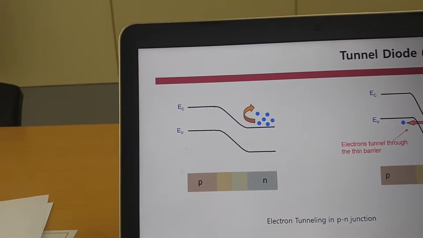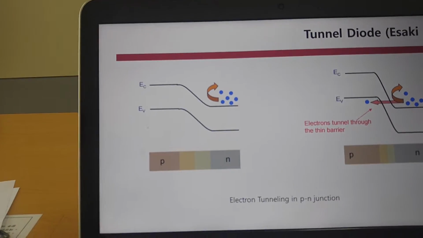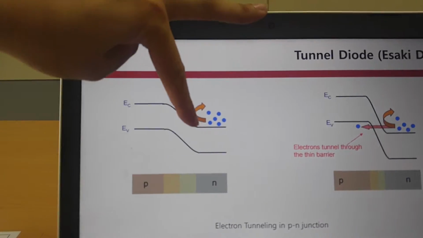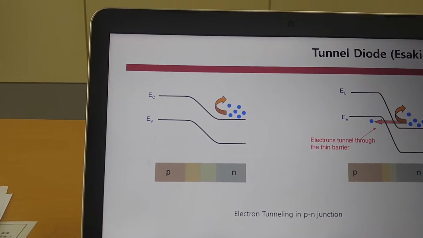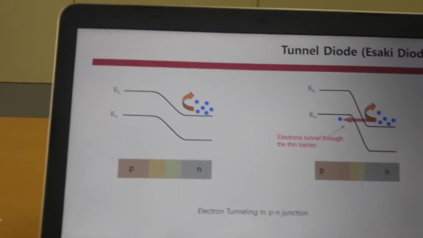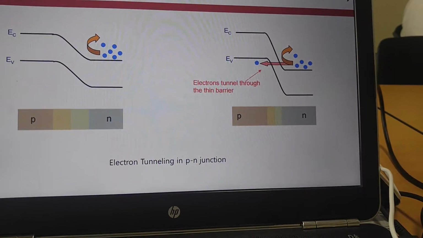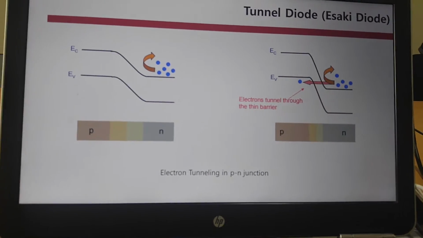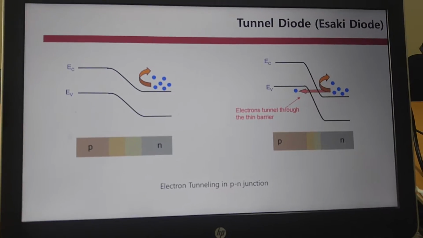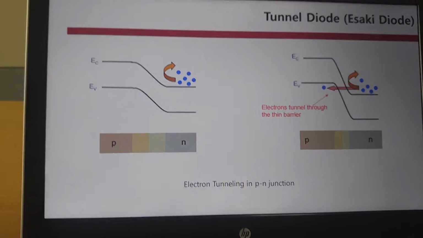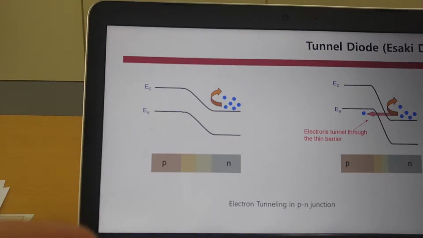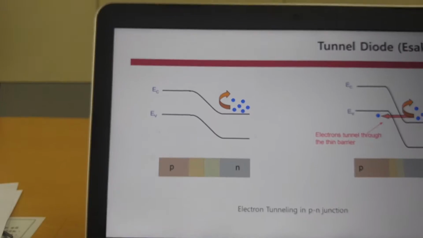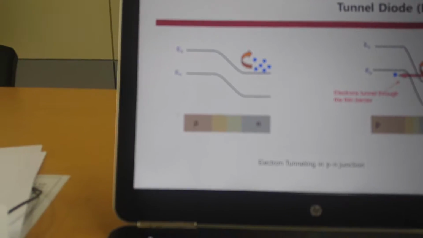As the voltage keeps increasing, these states will misalign, and as a result, current begins to drop. We call this phenomenon negative resistance because as the voltage increases, current decreases. If the voltage keeps increasing, the diode will operate as a normal diode.